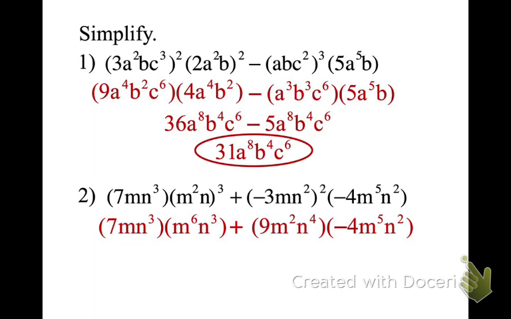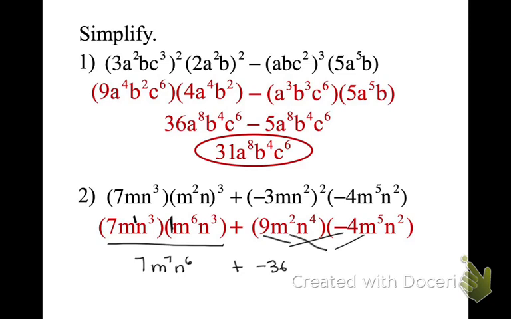Now we have to simplify this side to one term. The coefficient here is 1. So it's going to be 7m to the seventh n to the sixth. Plus, over here, we're getting negative 36. That's really a plus, and plus times minus becomes minus.